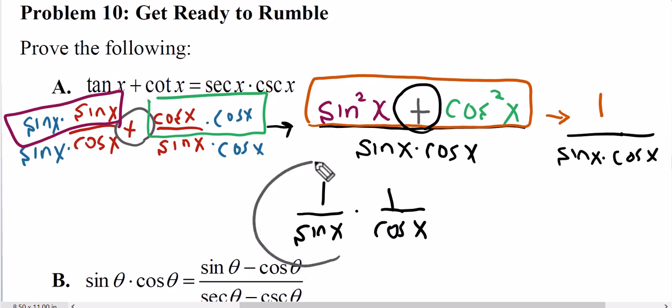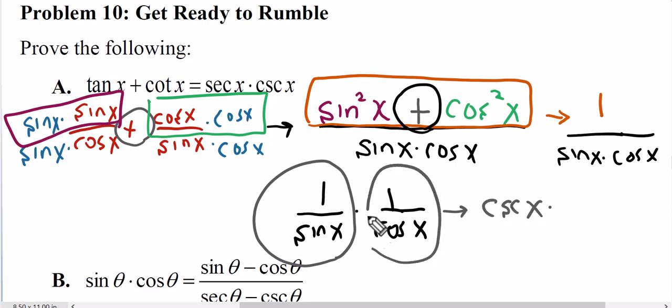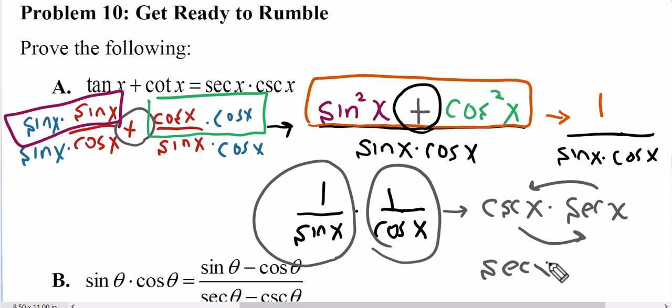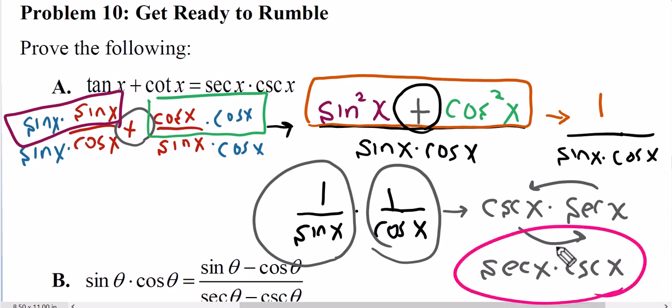Knowing your reciprocal identities, 1 over sine x, that is cosecant x, and 1 over cosine x is secant x. We can go ahead and switch these around because it's multiplication, and we will get secant x times cosecant x, which is what we were trying to prove to begin with.